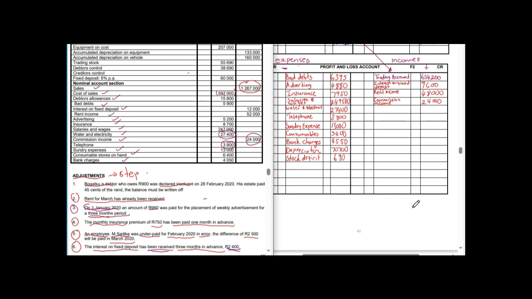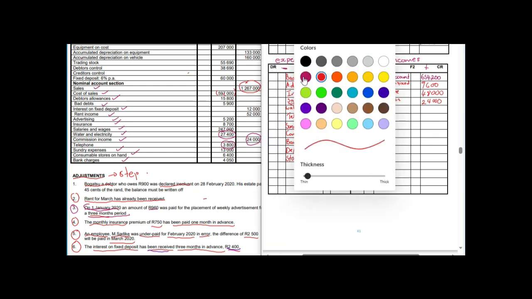We are going to add 654,200 plus 9,600 plus 48,000 plus 24,000. And then our credit side is bigger.